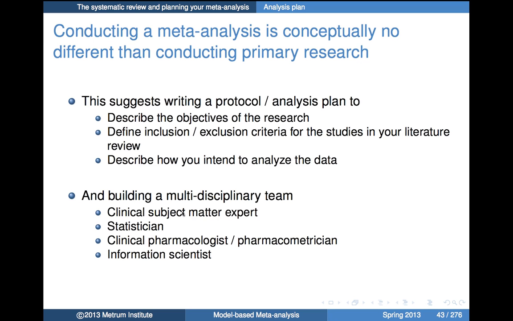The clinical subject matter expert may help us define the objectives of the research and what the inclusion-exclusion criteria should be for which studies to be pooling. So when you're thinking about your meta-analysis, just keep in mind the principles of running or designing a clinical trial.